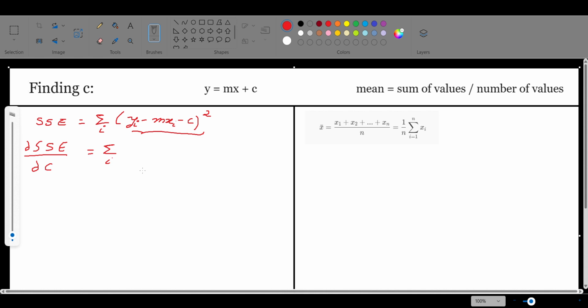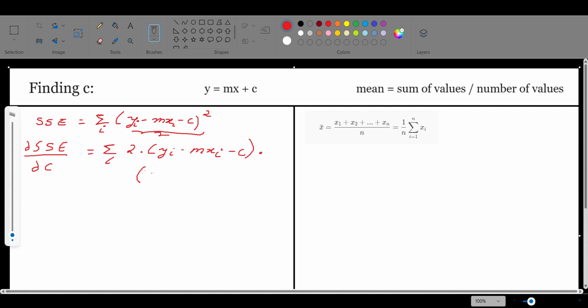Once again, let me write this part first. So that makes it 2 times yi minus mxi minus c, and then we multiply the differentiation of the actual term, the base, which is, now yi is always going to be a specific value, meaning it's a constant.